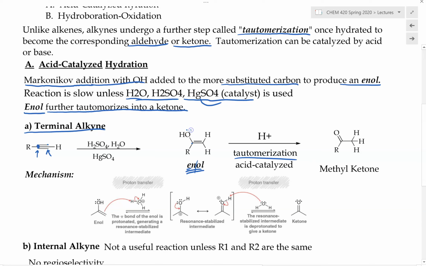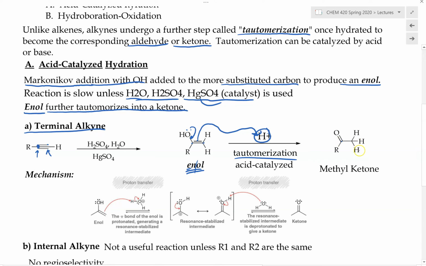What happens is that the lone pair of electrons on the oxygen is donated down. The electrons are then given to this carbon, and this carbon comes in and grabs a proton. This is why we need to have acid to catalyze this reaction, or at least the mechanism in the acid catalyzed tautomerization. The product is when we have a double bond right here, and now the carbon is added to this carbon.